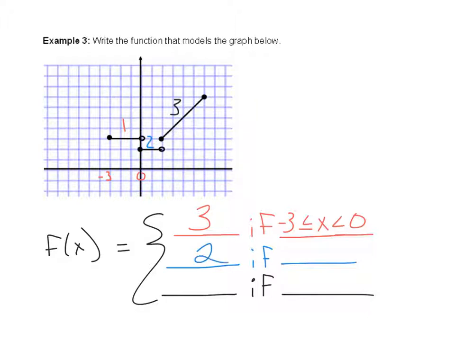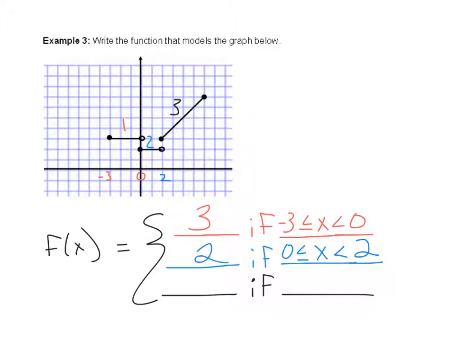And then when I look at the domain, I see it's starting at an x value of 0 and stopping at an x value of, that looks like 2 there, right? Oops, need a pen. So the domain of that piece includes 0, but doesn't include 2. So x is between 0 and 2 for that blue piece.